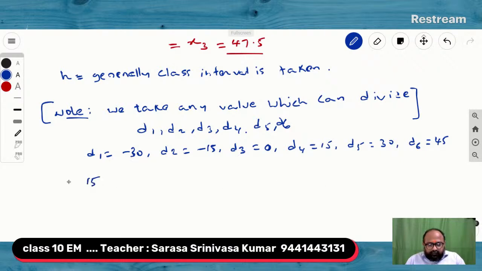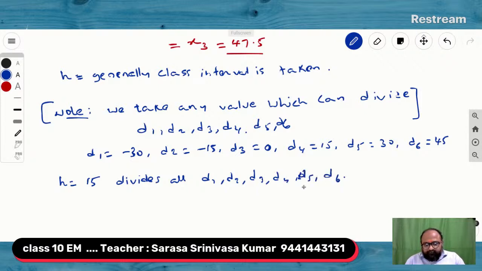We take H equal to 15, which divides all of D1, D2, D3, D4, D5, D6.